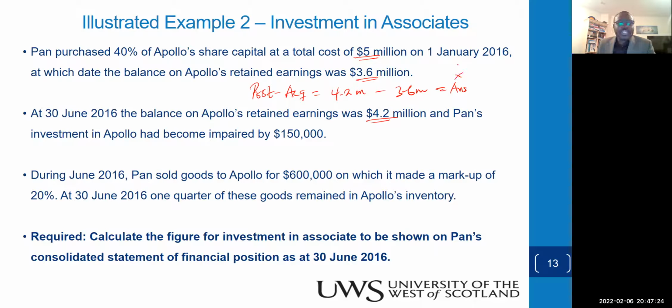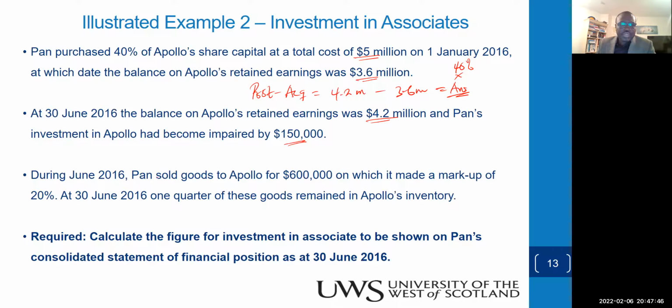But I can only take 40% of it. And Pan's investment in Apollo had become impaired. The parent's investment in the associate has actually been impaired by 150. Everything must be knocked off.